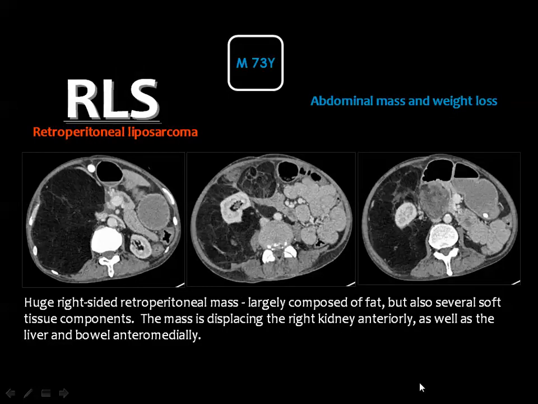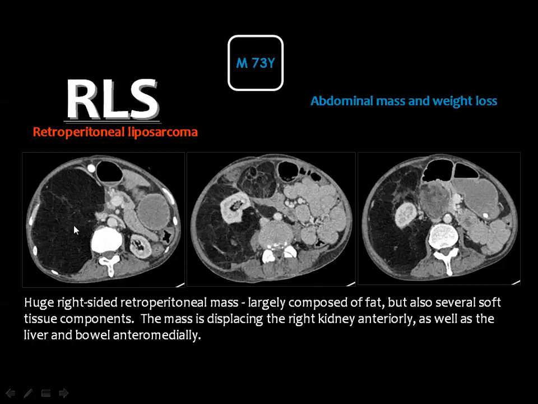And this is retroperitoneal liposarcoma posterior to the kidney. The mass is almost totally made of fat with fine internal septations, so it can be mistaken for simple lipoma. But remember, there is no simple lipoma in the retroperitoneum unless verified by histopathology.